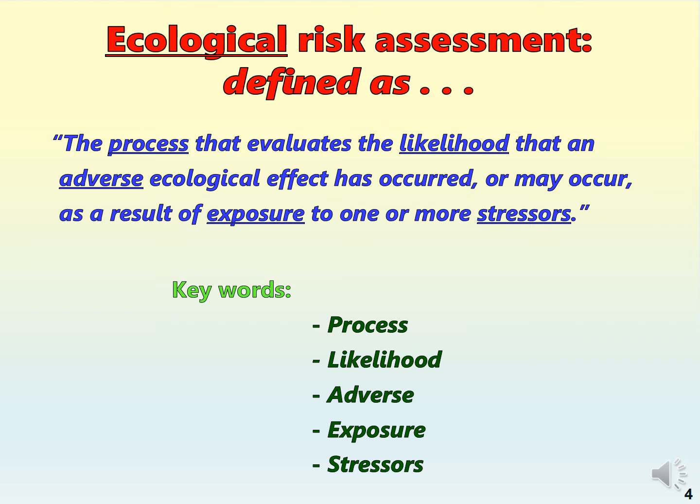So the key words in the ecological definition of risk assessment: it's a process as before, it's a likelihood as before, it's adverse, but adverse relative to an ecological condition or result. It also involves exposure, or at least it usually talks about exposure to stressors, and stressors are typically defined as chemicals or similar types of stresses that apply in the environment.